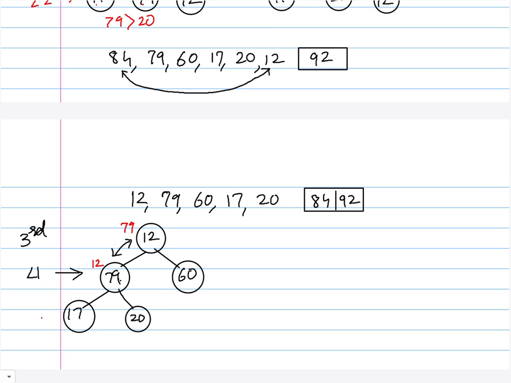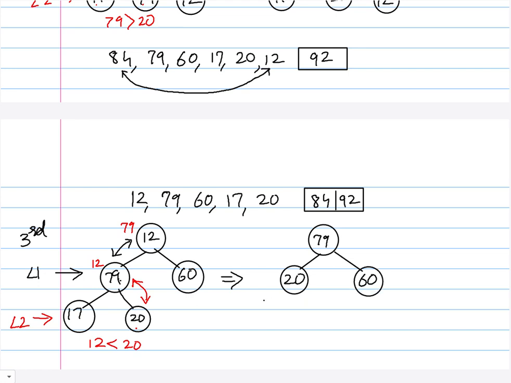Now we'll check 12 with level 2. At level 2 the maximum number is 20, so you will swap this because 12, the parent, is less than the child, that is 20. So at the end of the third pass, the heap will consist of, at the root 79, then 20, to the right 60, and then the last two elements, 17 and 12.